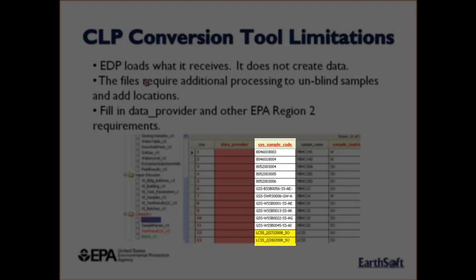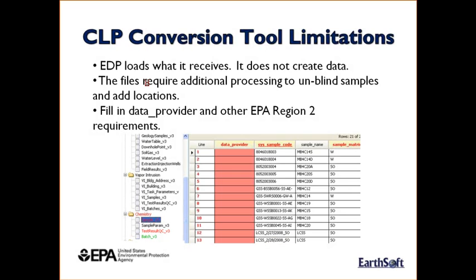Now I realize I said we don't create data, but what we're doing is concatenating a couple of fields to create a unique sample code for QC data where we would typically be receiving something like LCS, LCSS, and we're maintaining the original name that was received in other columns.